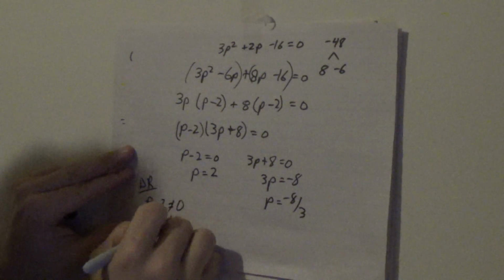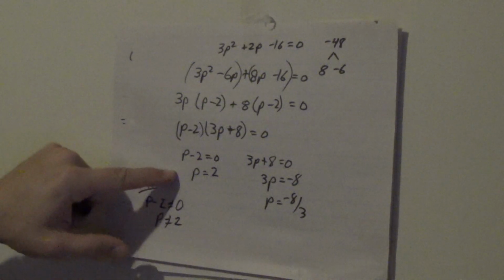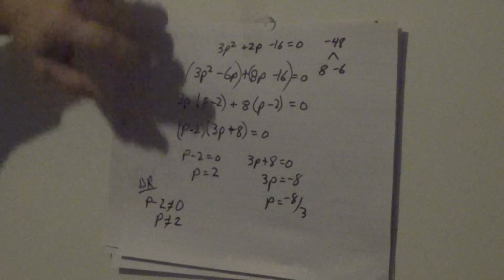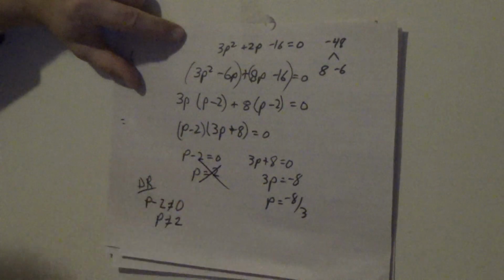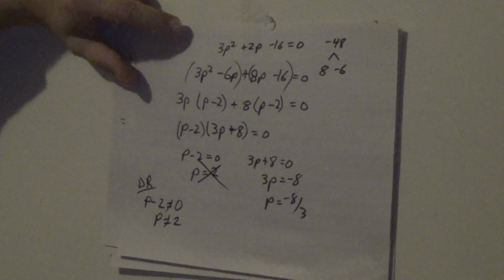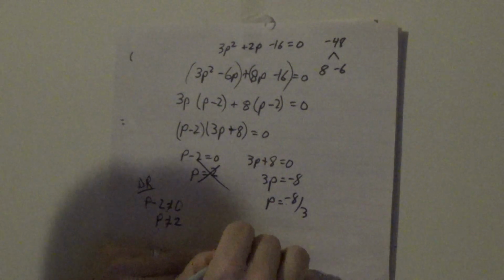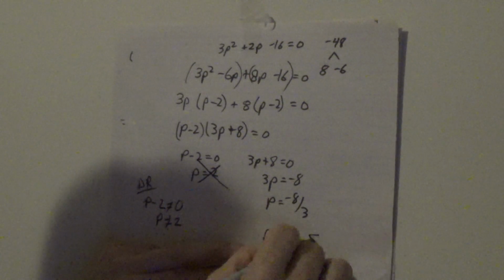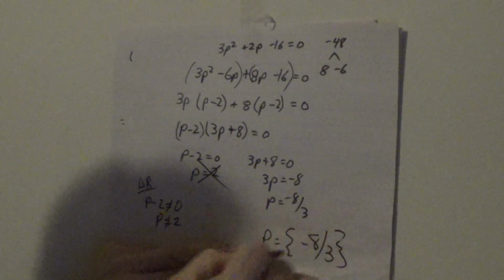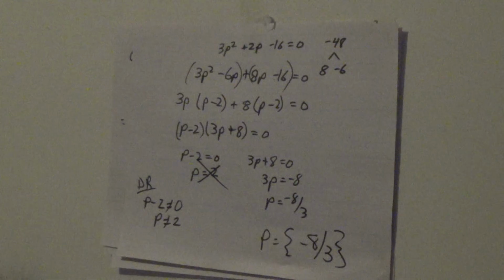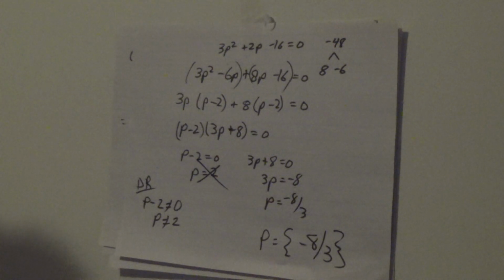So what is restricted is p cannot equal 2. Wait, that was one of our answers, but that answer is not allowed. So we must only use the other one, saying p equals negative 8/3, and the other answer was restricted or not allowed.